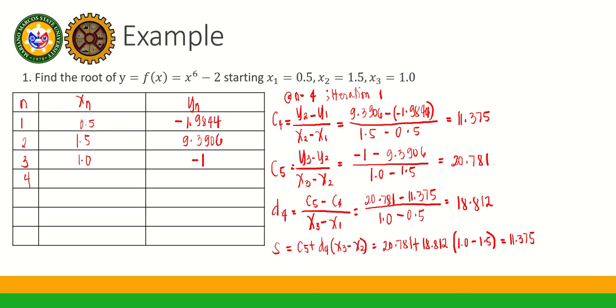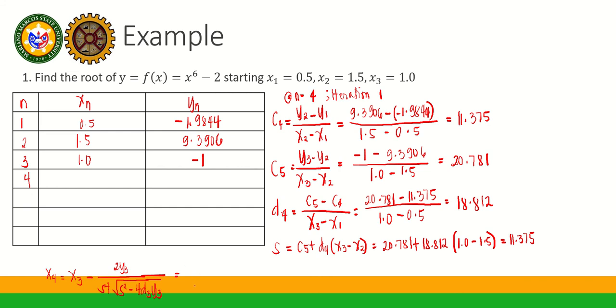Now the next thing we should do is to find the value of our x sub 4. So this is equal to x sub 3 kasi x sub n minus 1 minus 2y sub 3 all over s plus the square root of s squared minus 4 d sub 3 and then y sub 3. Okay? So, plug na natin yung mga values.